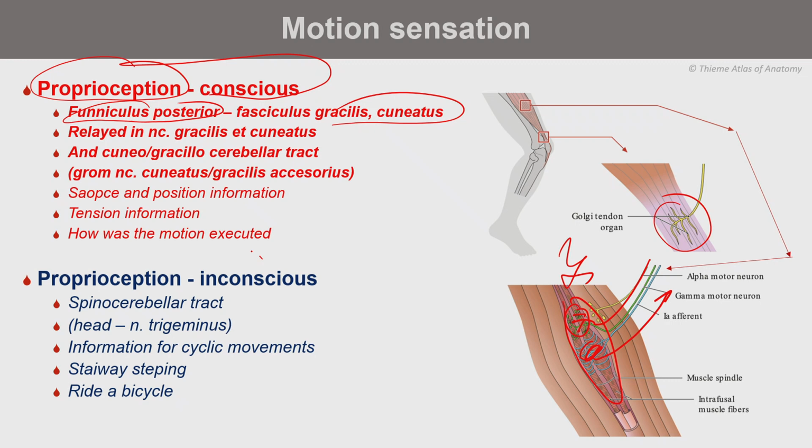The unconscious one is led by the spinocerebellar tract, typically to the cerebellum during cyclic motions. It's about information about balance.